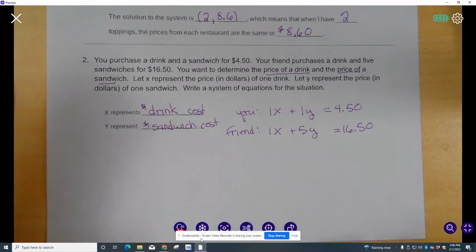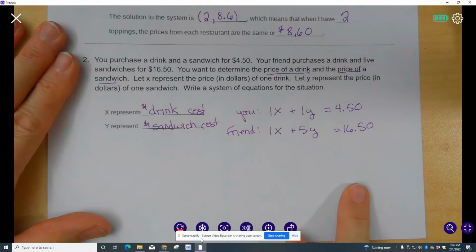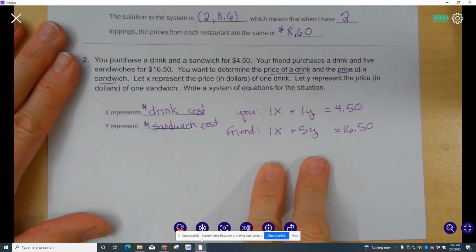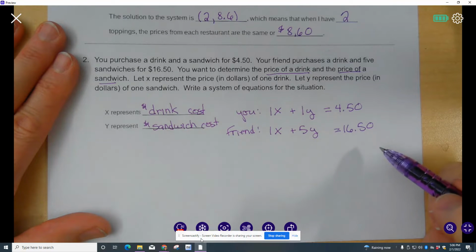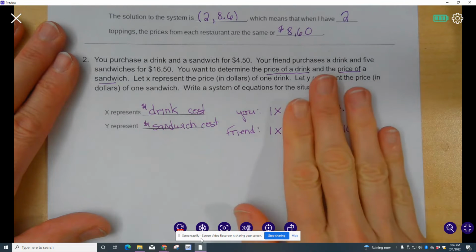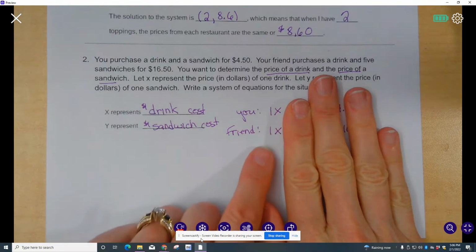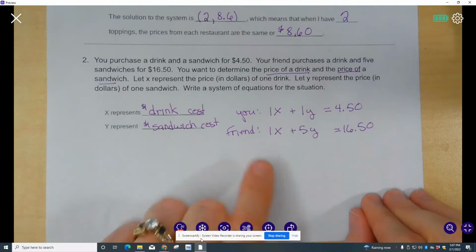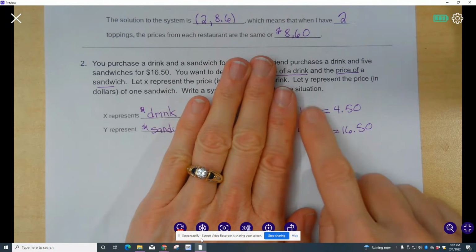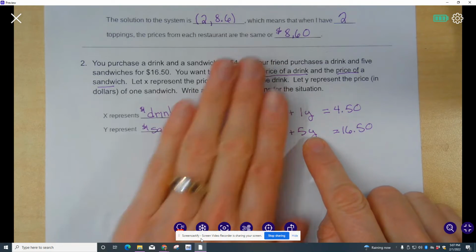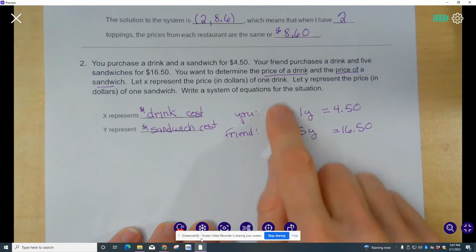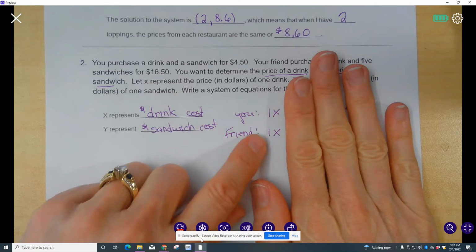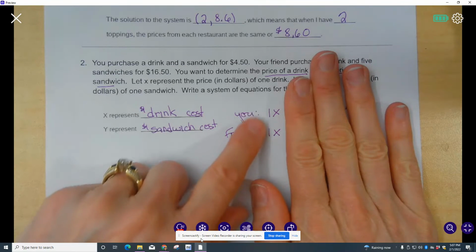Now, it's set up beautifully to be an elimination problem, right? X's and Y's lined up on one side of the equal sign equals a number. This is a great problem to do elimination on. Now check the coefficients on your X's. 1 and 1, those are not opposites. Check the coefficient on your Y's. 1 and 5, those are not opposites. But if you think about these X's, it would be pretty easy to make these opposites.